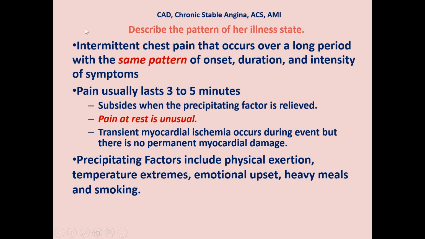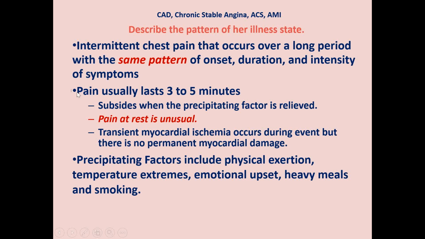So chronic stable angina means that the individual will have intermittent chest pain, and that intermittent chest pain will occur at the same time or whenever the same activity is done with the same pattern, onset, duration, and intensity. In other words, every time the patient gets up to go get the beer out of the fridge, she's going to experience this pain, and it's going to have the same pattern.